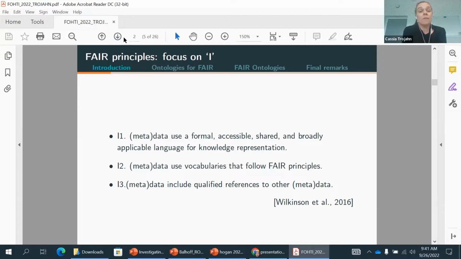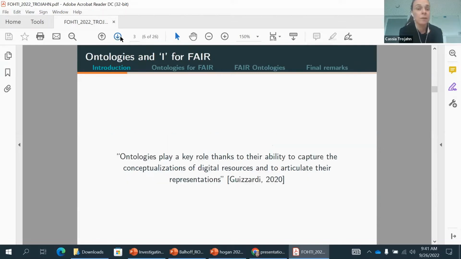The second is that data or metadata has to be described using vocabularies that themselves follow the FAIR principles. The third is that data and metadata have to include references to other metadata. Taking these three principles into account, we discussed the role of ontologies for interoperability. You can go to the next slide, please.